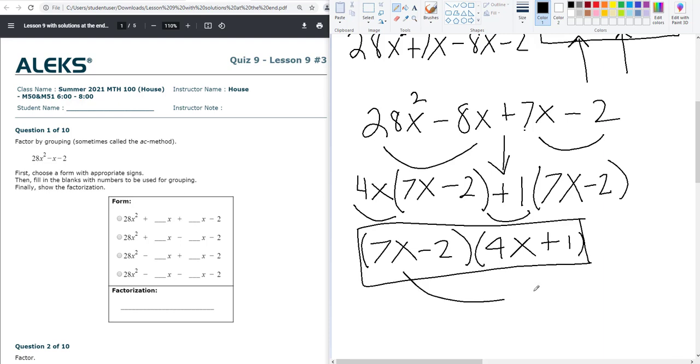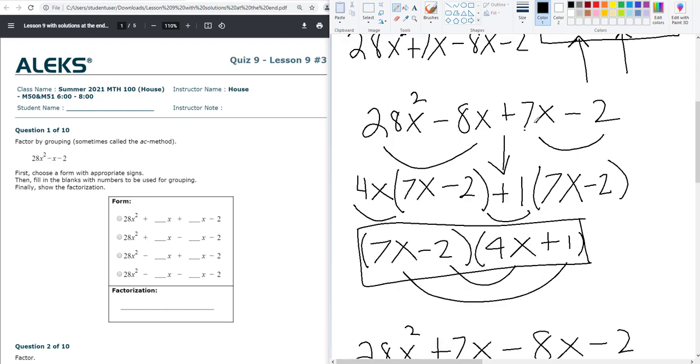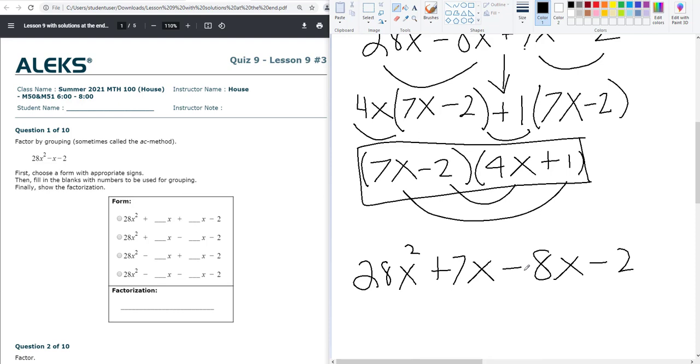And we will, because that's a 7x and that's a minus 8, so we'll get a minus 1x. Now, if we switch those around and put the 7x first, it works a little bit better for me. So it's plus 7x minus 8x minus 2. Instead of the minus 8 and the plus 7, I put a plus 7 and a minus 8. It's the same thing, just in a different order.